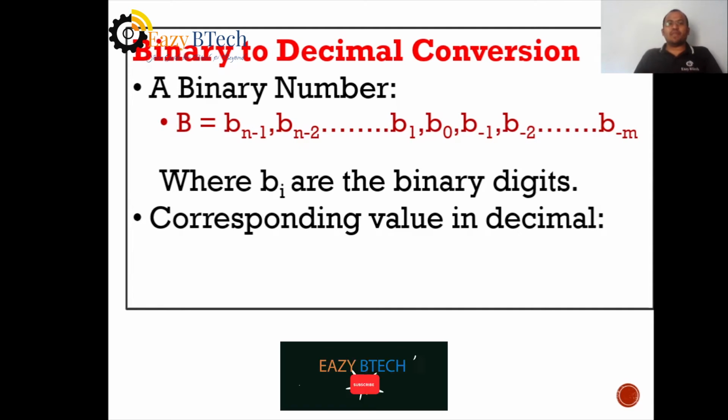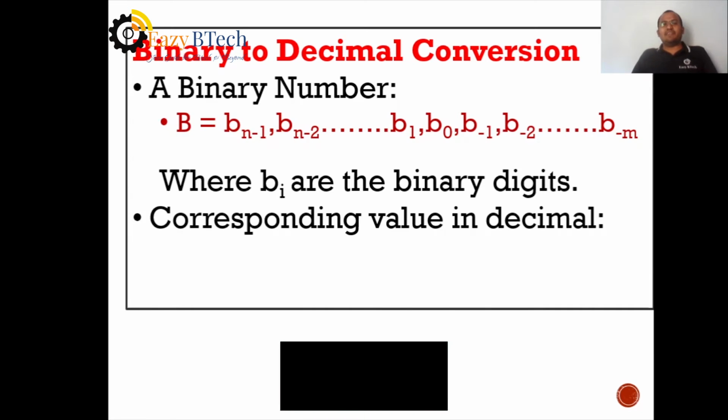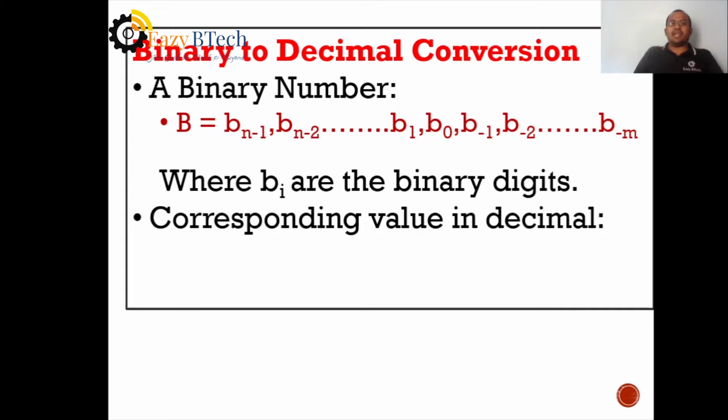If a binary number is given to us, how to find the corresponding decimal equivalent for that number.